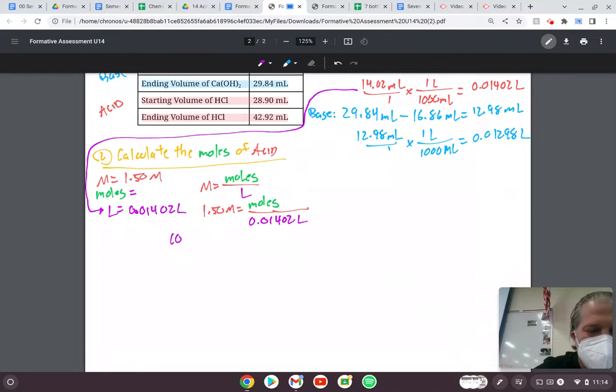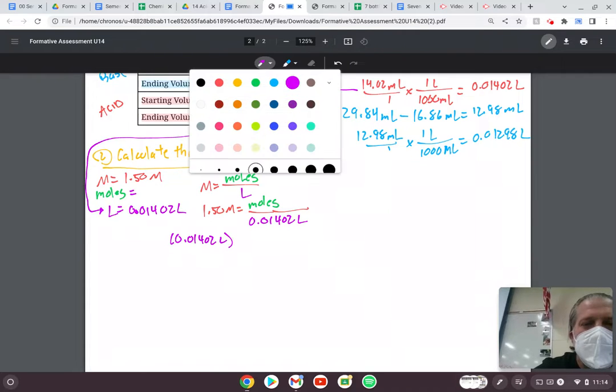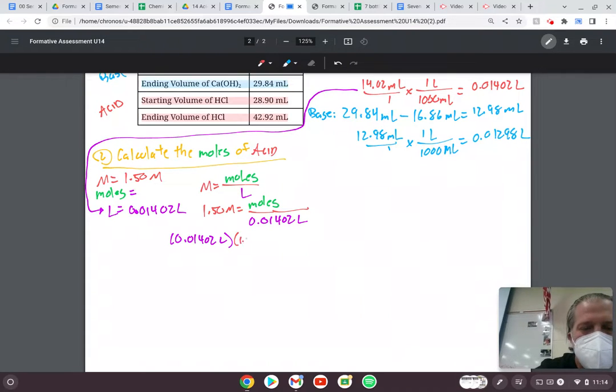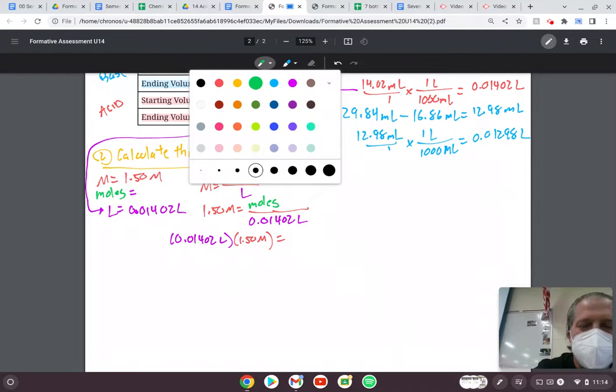So 0.01402 liters times 1.50 molar will give me the moles of my acid.